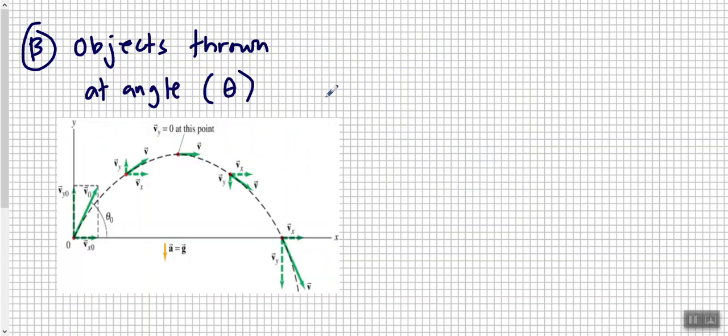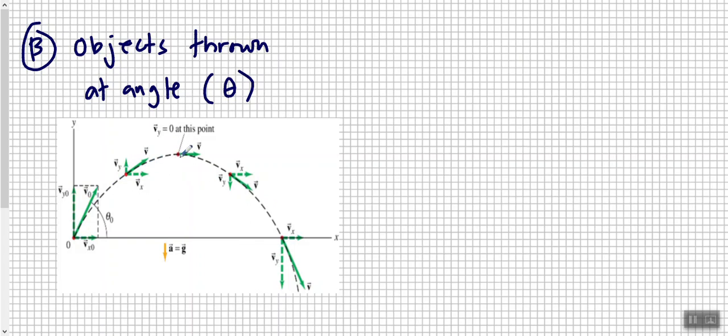The second type of projectile motion is objects thrown at an angle. We can see here in the diagram how the motion diagrams are shown in terms of the components of the velocities on the x and the y.